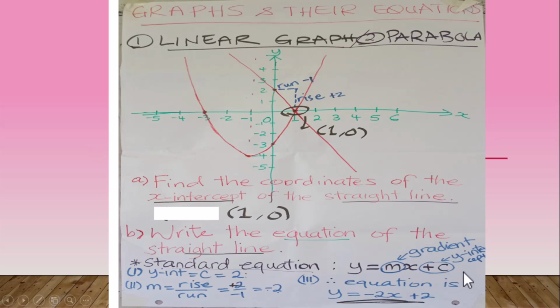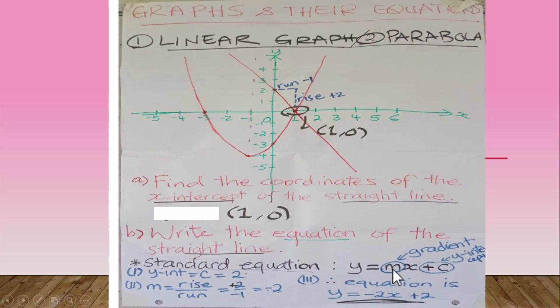Okay, this c here, the constant number, is the y-intercept. More specifically, it is the y coordinate of the y-intercept. That is the point on the y-axis where the straight line cuts, but it is especially the y coordinate.